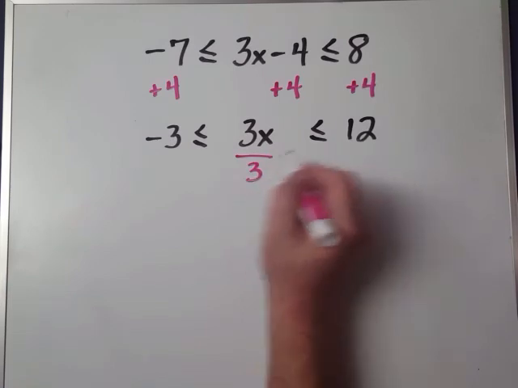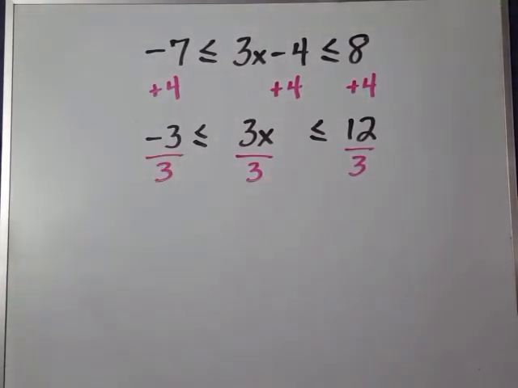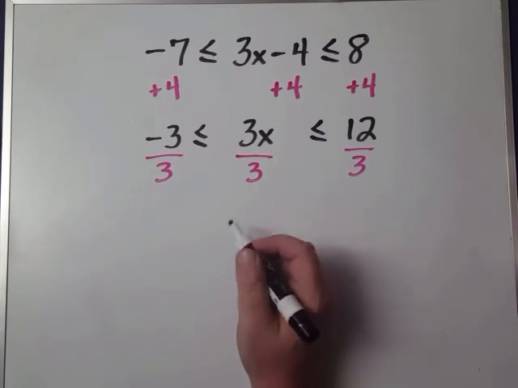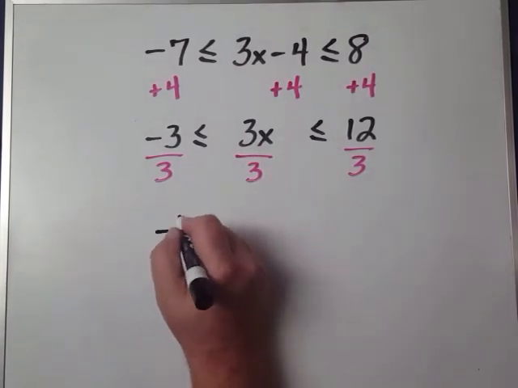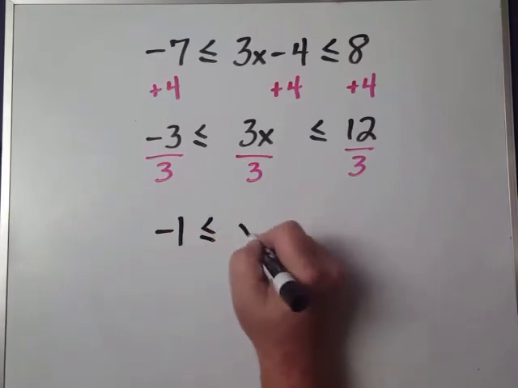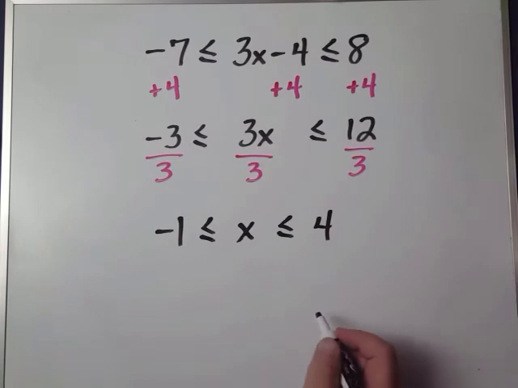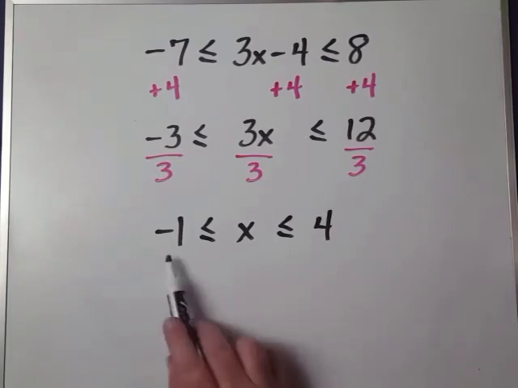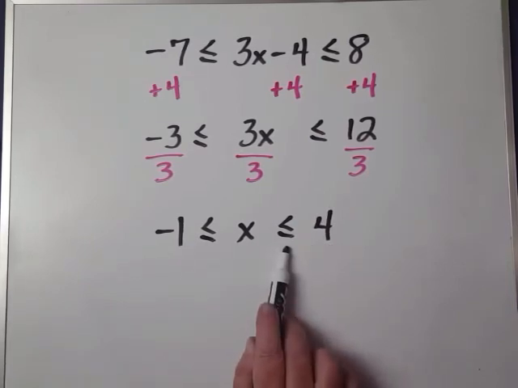What I do to the middle, I've got to do to all three parts. We're dividing by a positive, so our inequality symbols are unaffected. This gives me negative 1 is less than or equal to x is less than or equal to 4. And we would read this by saying x is between negative 1 and 4 inclusive.